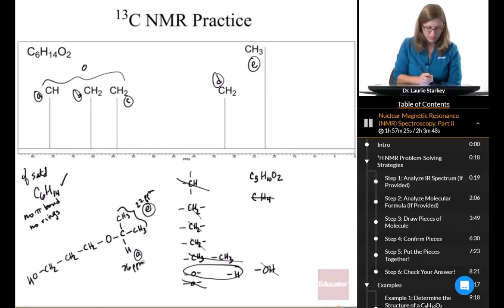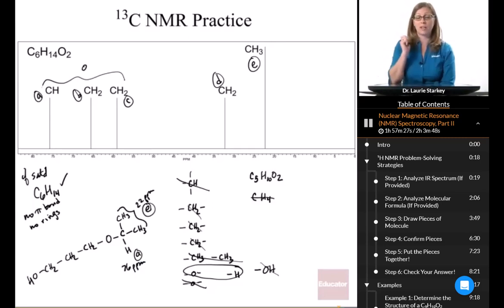There's not a lot of specifics you can predict for your C-13 NMR, other than the number of signals and approximately where they might be. Okay, and then we have a CH2. We have three CH2s. Two of them are attached to oxygen and one is not. So the middle one is the unique one, and that would be this CH2, the one that's furthest upfield.